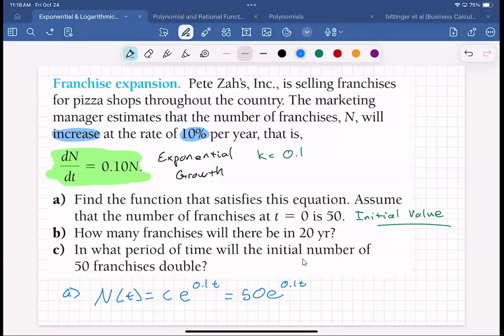Which if you connect this back to compound interest, where we used A equals P e to the rt, the P represented the principal, which was the initial amount of the investment or account that you were working with. Any concerns with that?